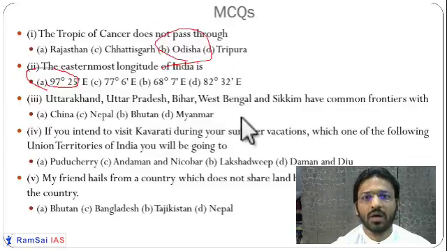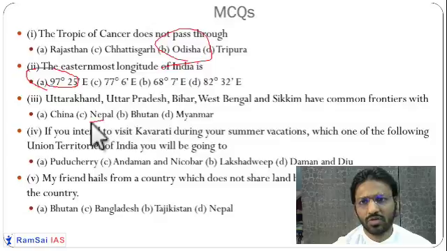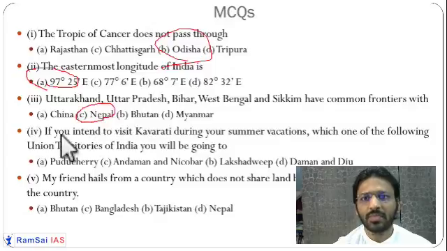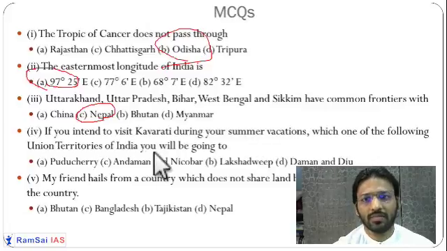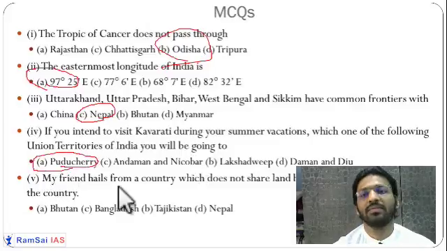Uttarakhand and UP do not have any border with China, so it is Nepal. If you intend to visit Karaikal during your summer vacation, which union territory will you be going to? Definitely Puducherry.